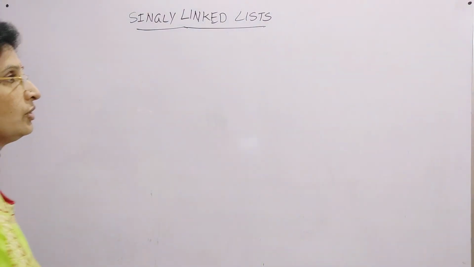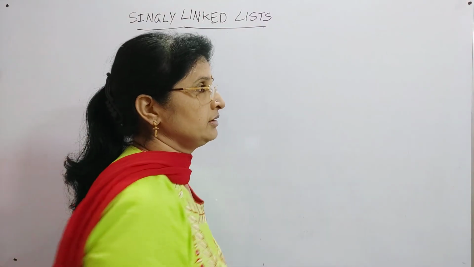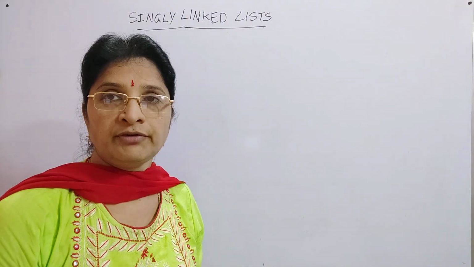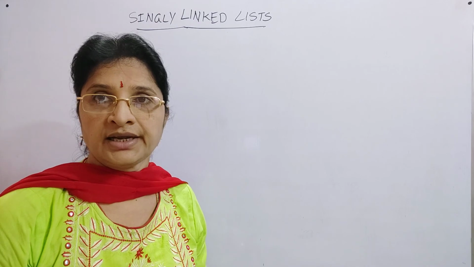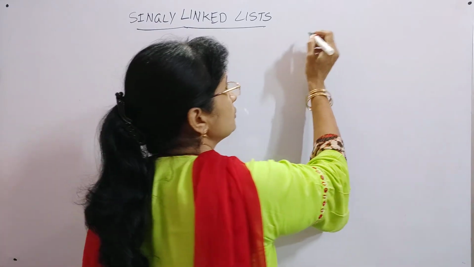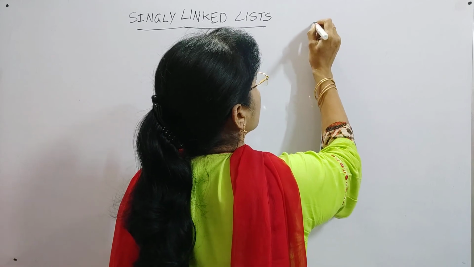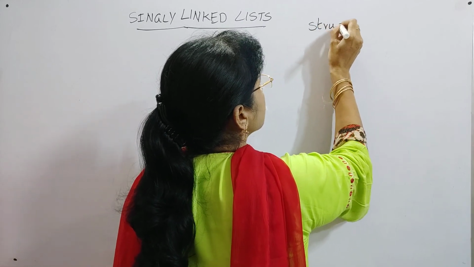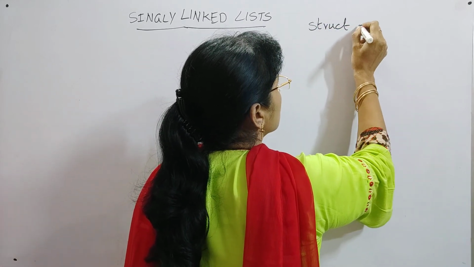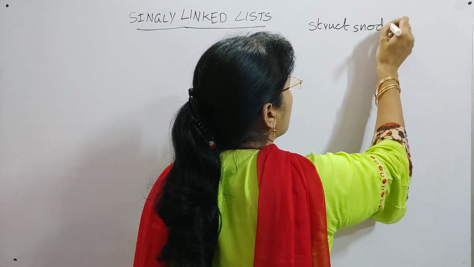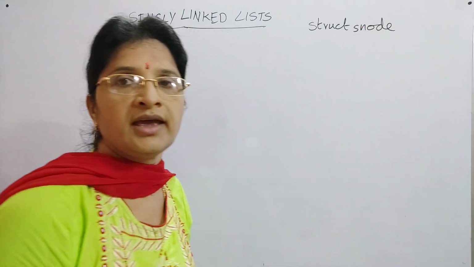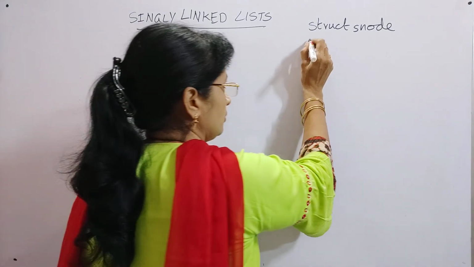Whenever you want to create a singly linked list, first of all you have to create a node. So how can you create a node? struct S node, because it is a singly linked list.